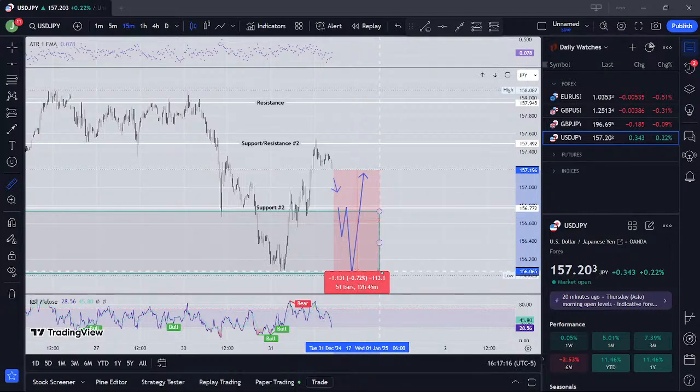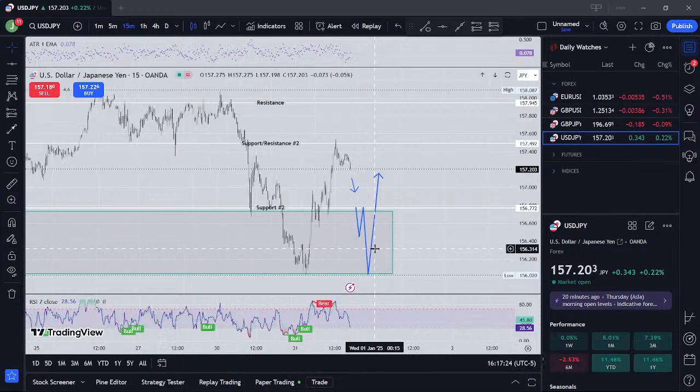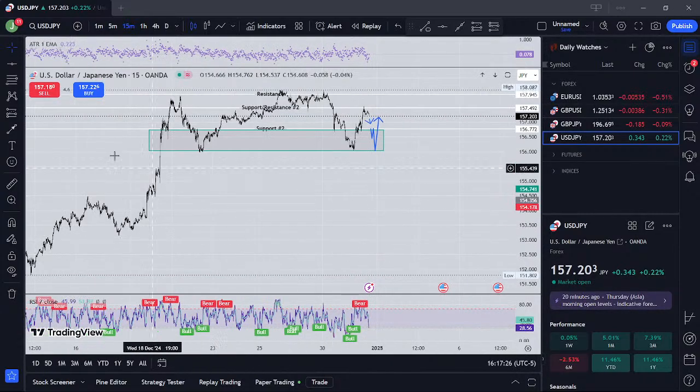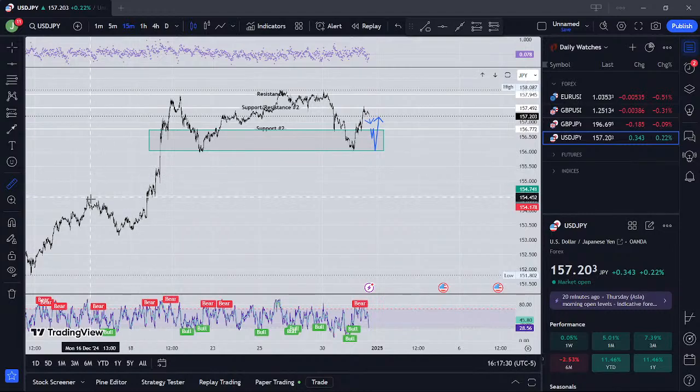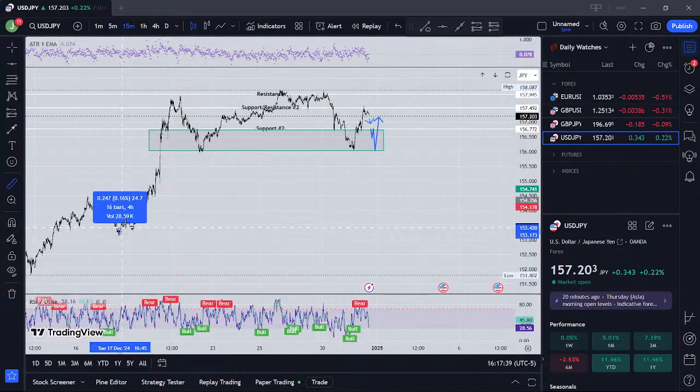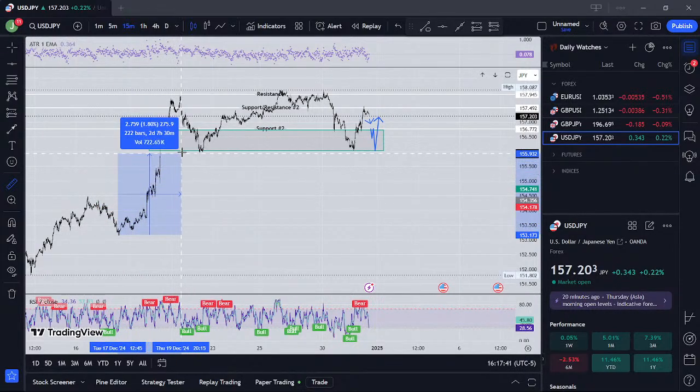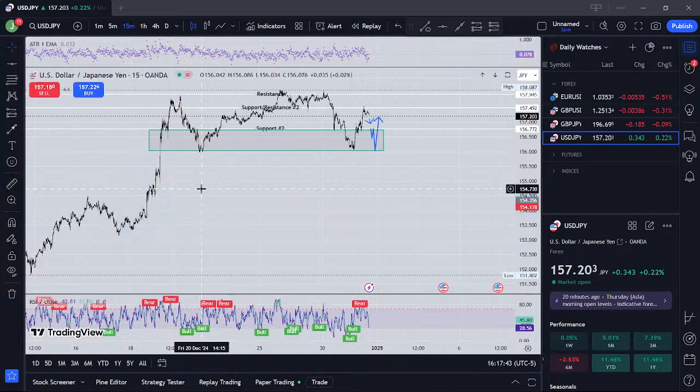This is a whole day, half a day. Last time the market went up, it took 2 days. So yeah, still in the range. One month.